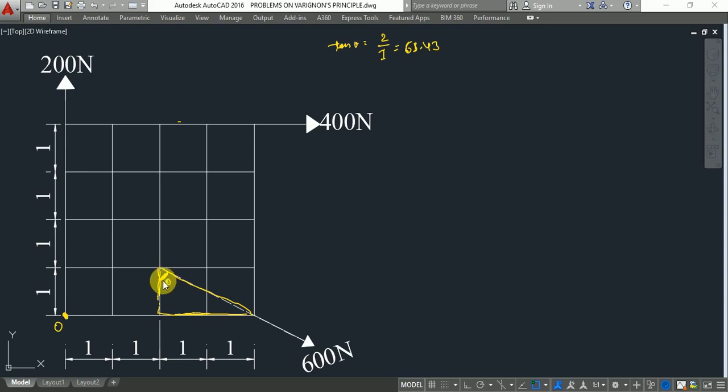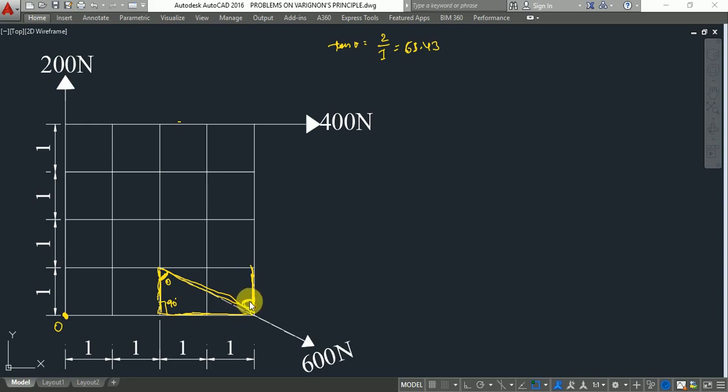So this is 63.43. This is 90 degrees, right? So what is the internal angle? If this is theta, since I have said draw a Z here, I am drawing a Z from here to here. This will make a Z, right? Or law of parallelogram only.